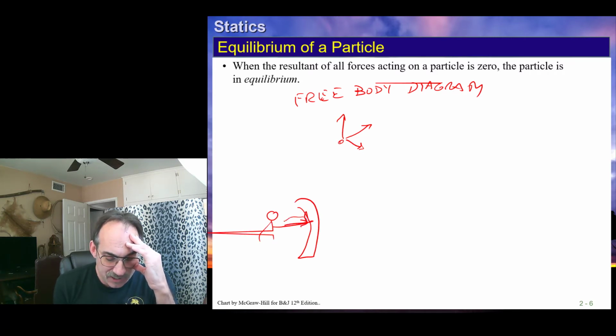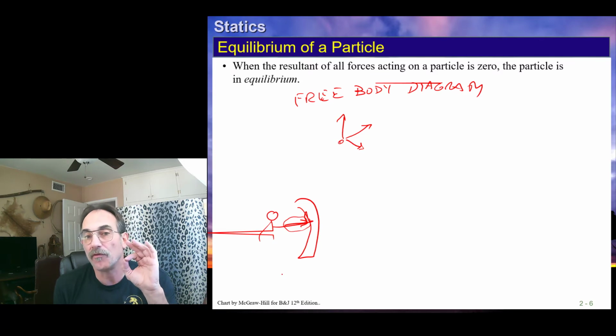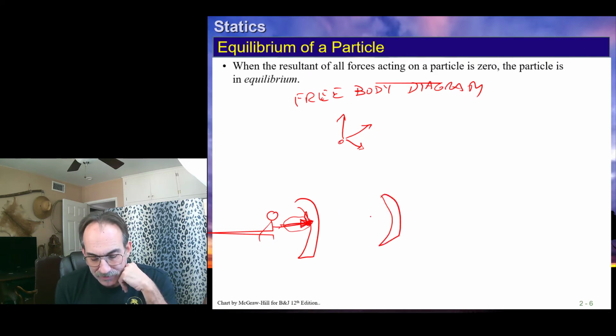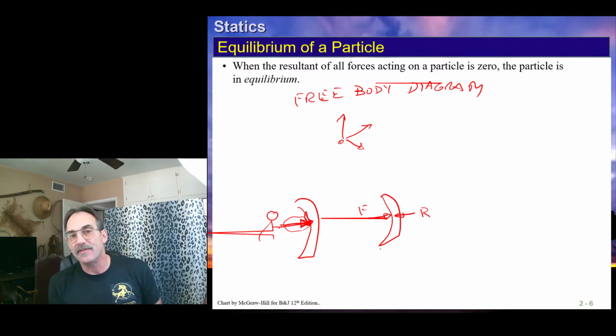If we want to know the summation of all the applied forces, we could sum those up and come up with a resultant. But if we drew a full free body diagram at the point where contact is happening, we would have the force he's applying, and we'd also have the reactive force that the door is pushing back with.